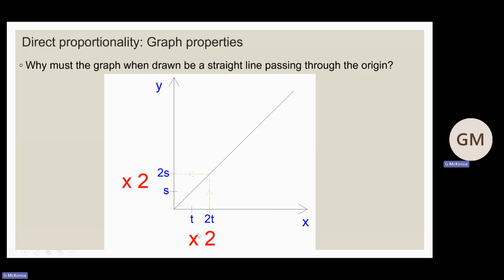And that just verifies that whenever you double the value of t, you have in fact doubled the value of s in this graph as well, when it was a straight line passing through the origin. You might just want to pause the screen, add in those wee additional notes, and any supplementary data you feel might be useful to your graph as well.